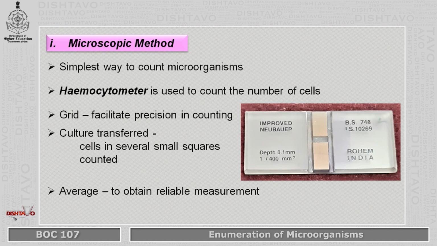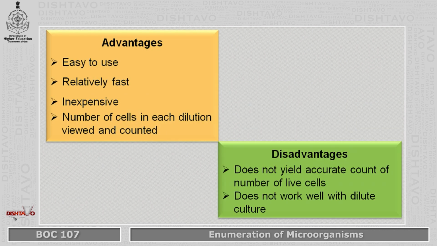On this, a grid is present which facilitates precision in counting of the microorganisms. The culture is first transferred to the hemocytometer and then the cells in several small squares are counted. Then an average is taken to obtain a reliable cell measurement.